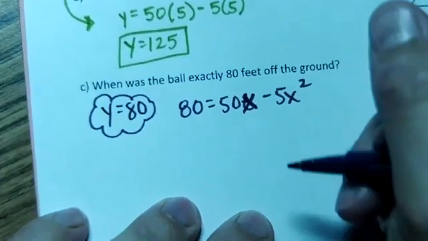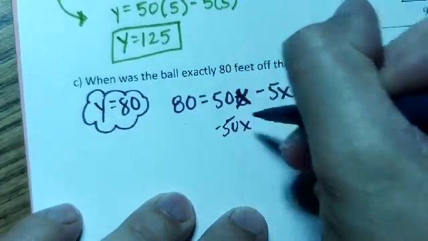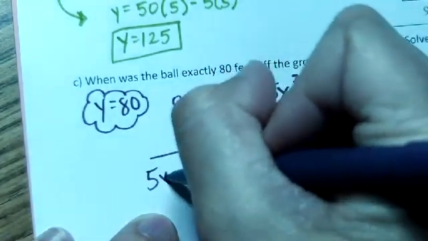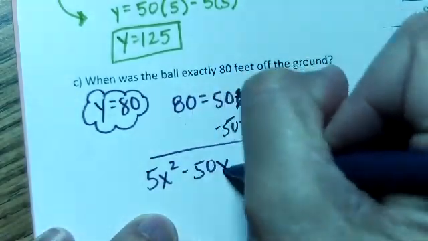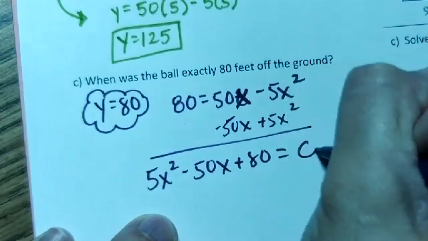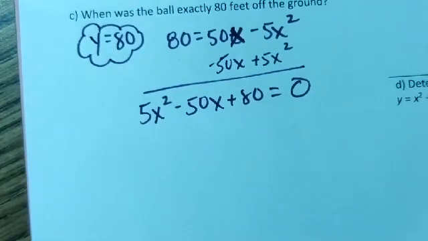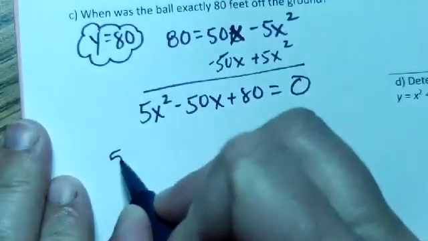Now to solve that, I'm going to move all of this over. So that'll be 5x squared minus 50x plus 80 equals 0. I moved that side over so that my x squared is positive. Now my GCF here is 5, so I'm going to pull it out.